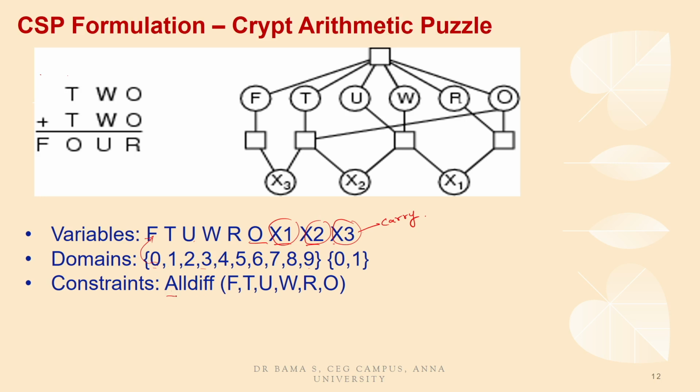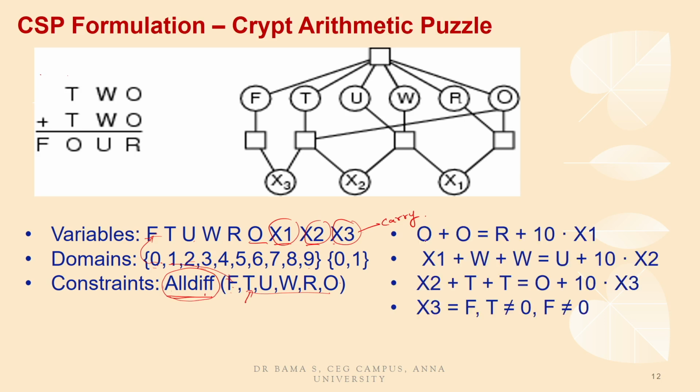The constraint is all-diff, meaning for this example, each value that we assign to a variable should be unique. Therefore, we have a function called all-diff. So, we can program it such that whatever value we assign from the domain to F should be different from all the others. Similarly, whatever value we assign from the domain to T should be different from all others. Okay. So, that is the meaning behind all-diff.